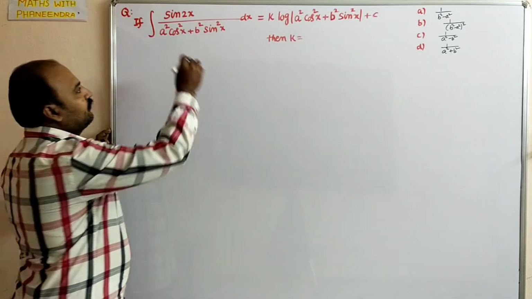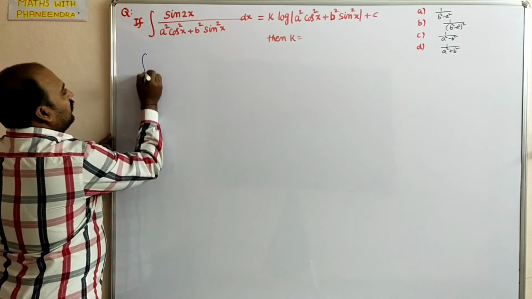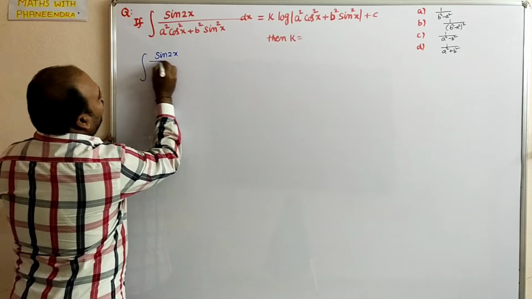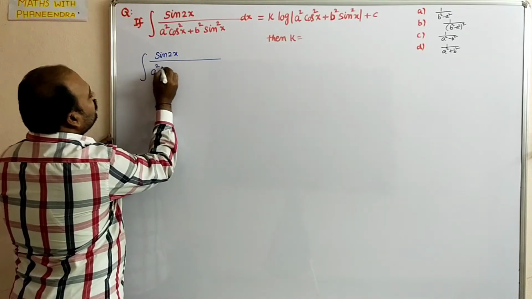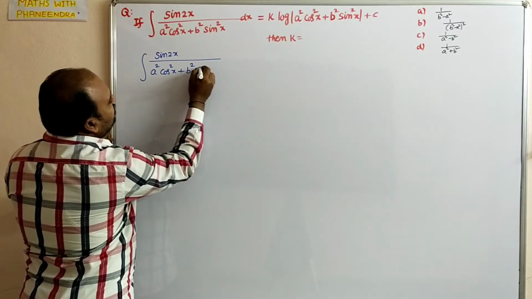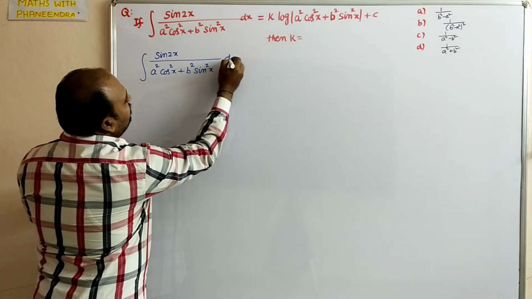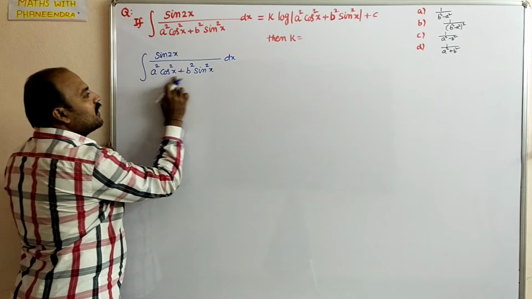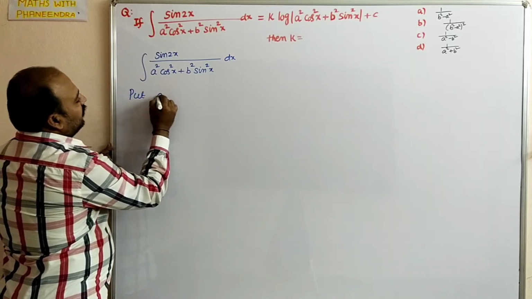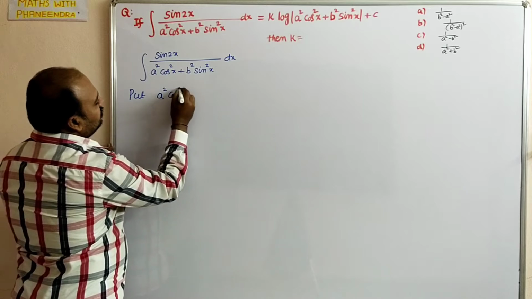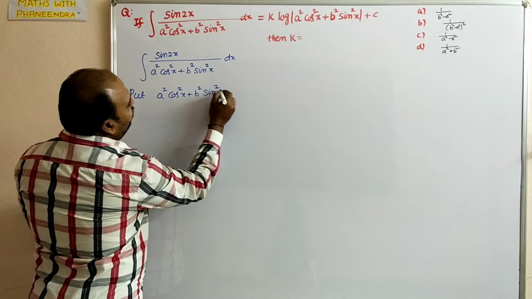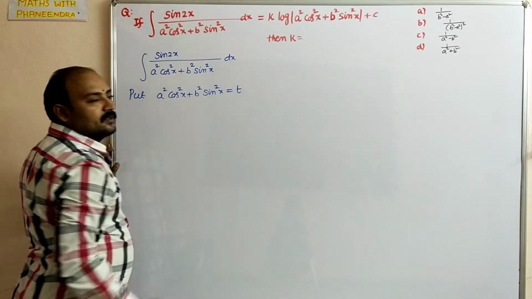So in the given integral, sin 2x divided by a square cos square x plus b square sin square x into dx, this denominator value you can assume as t. Put a square cos square x plus b square sin square x equal to t.